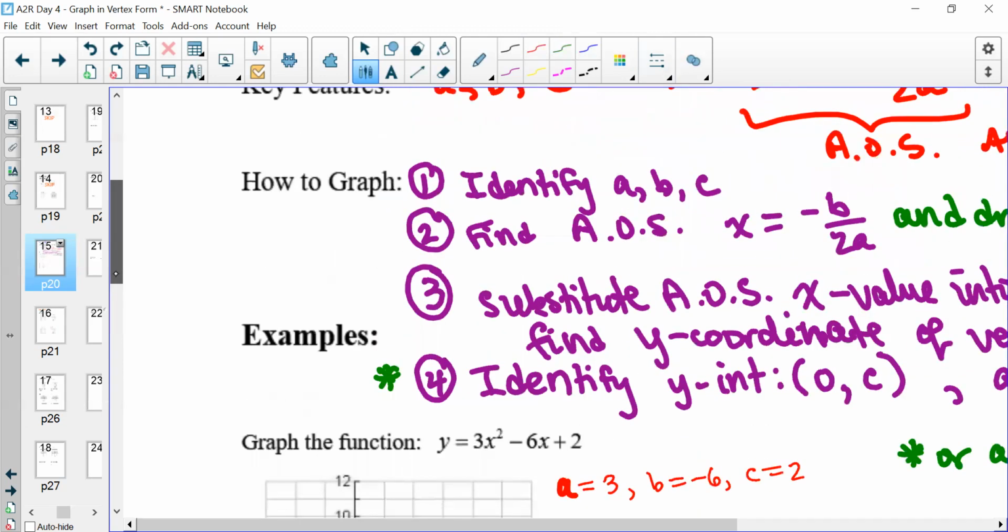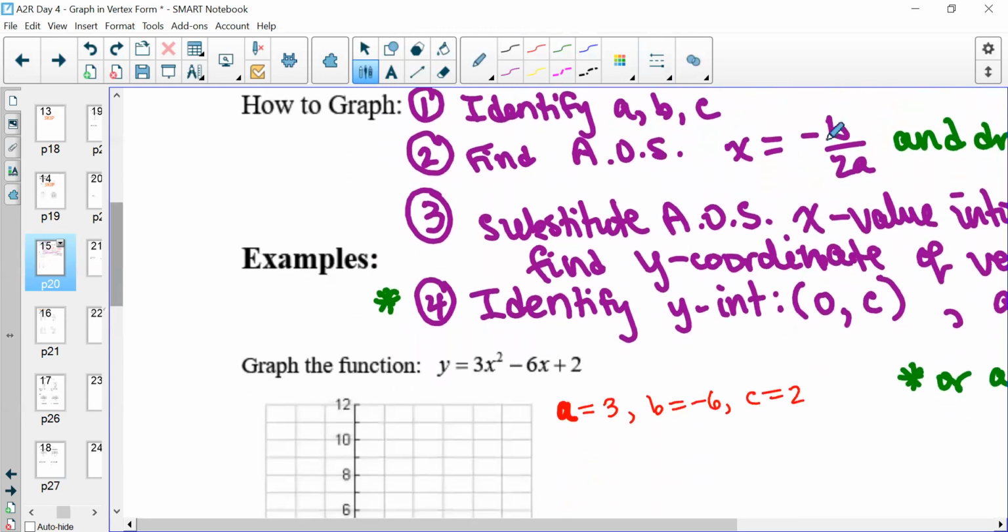And so my first step was to do that, and my next step is to use opposite of b over 2a. So x equals, the opposite of b is +6, and then over 2 times 3, so 6 over 6, so that is 1. So my axis of symmetry will be x equals 1.